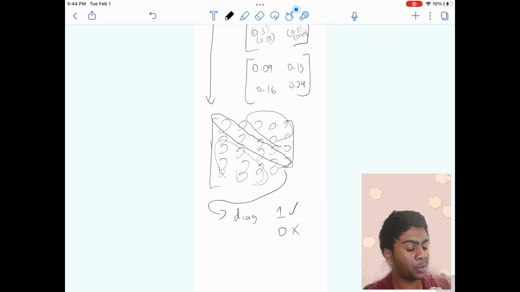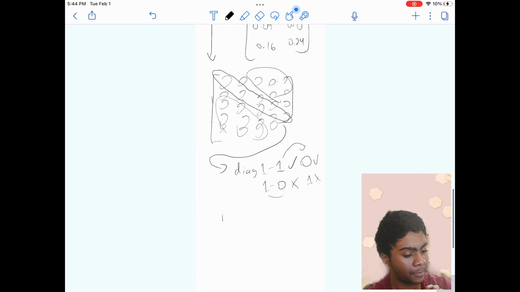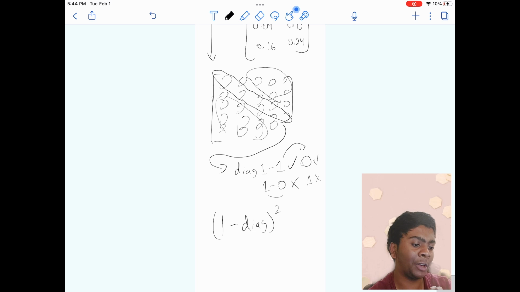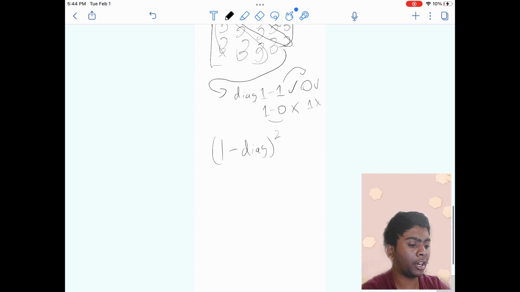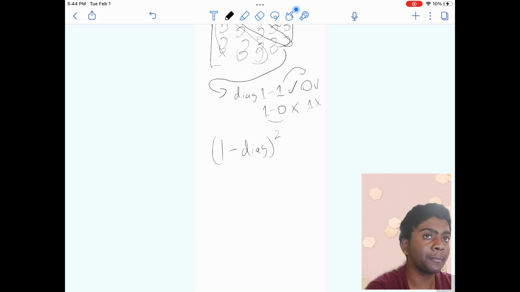Well, one way is to subtract from 1. 1 minus 1 is 0, that's good. 1 minus 0 is 1, which is bad. So we take 1 minus all the values in the diagonal, and we square them to emphasize our differences. Also, if we have any negative numbers, we make them positive, so our loss will not suddenly decrease when it shouldn't. So that's our invariance term.